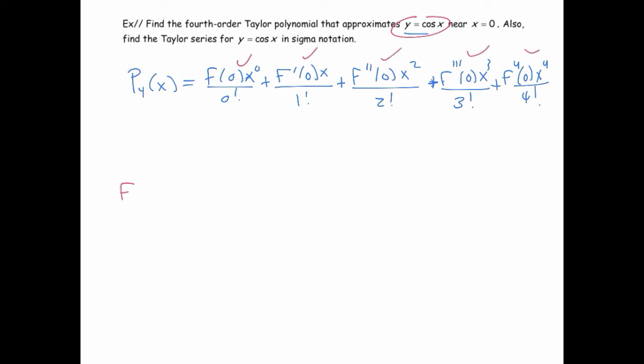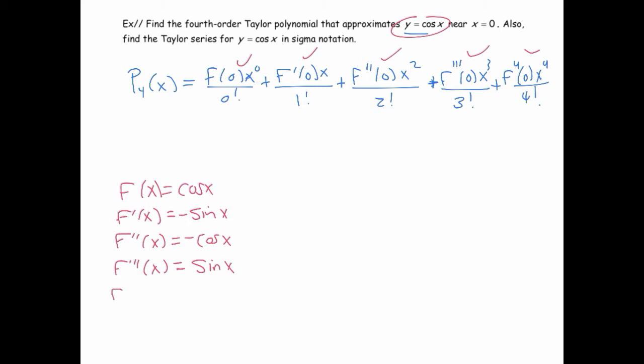So f of x is cosine, f prime of x is going to be negative sine, f double prime of x would be negative cosine, f triple prime be positive sine, and then the fourth derivative would be cosine again.